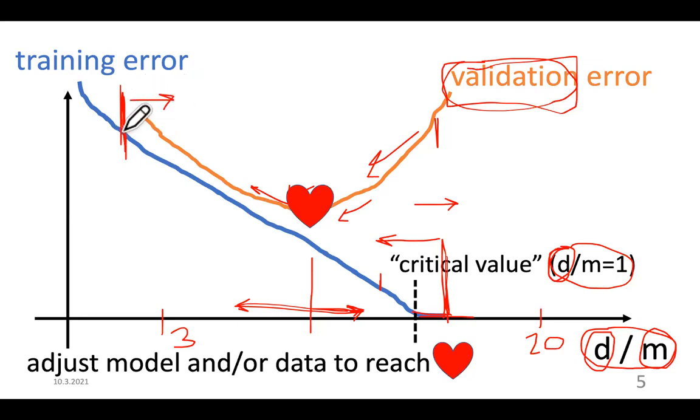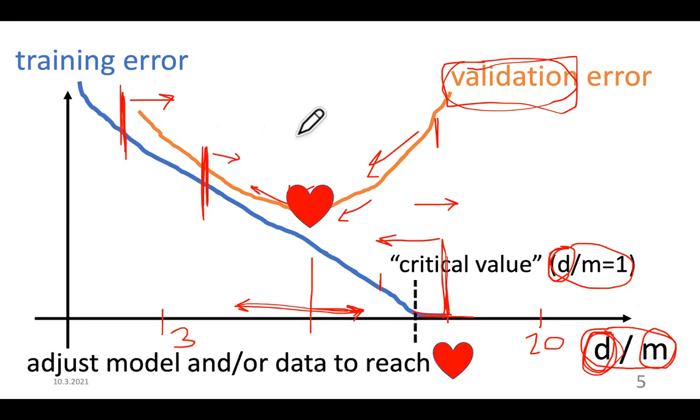So I was here, and that's why I tried to increase the model, to move to the right. I wanted to increase the effective dimension or size of the hypothesis space in order to bring down the training error and also the validation error. But I was not very happy. So I ended up somewhere here, but I still expect that there is room for improvement.